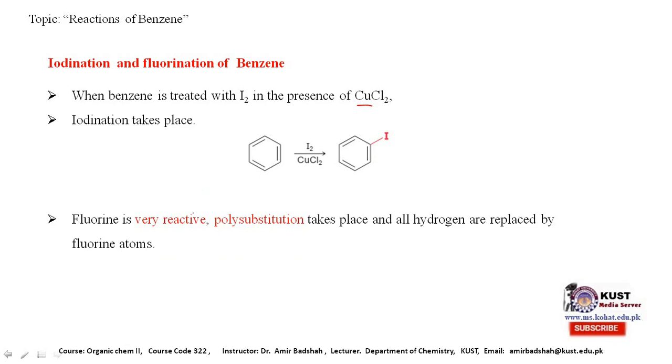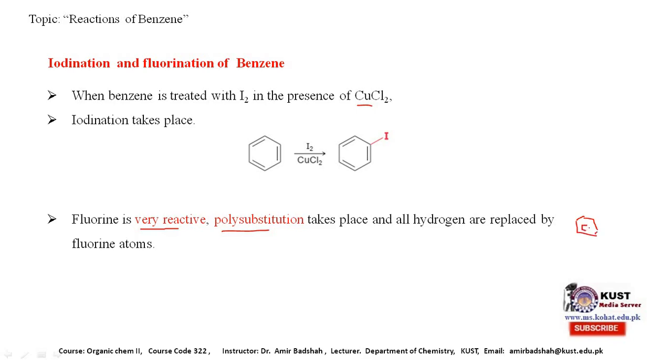Similarly, fluorination can also take place, but fluorine is very reactive, as a result of which polysubstitution or polyfluorination takes place. It means we cannot stop this reaction at monosubstitution as in the case of iodine, bromine or chlorine, but many fluorinations are possible.